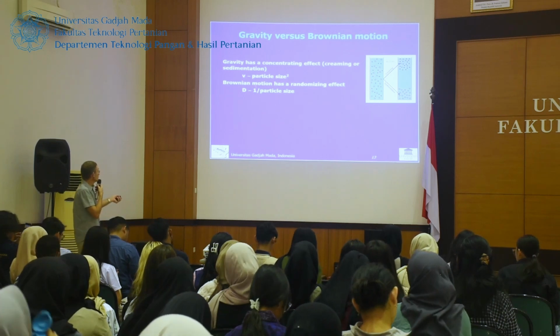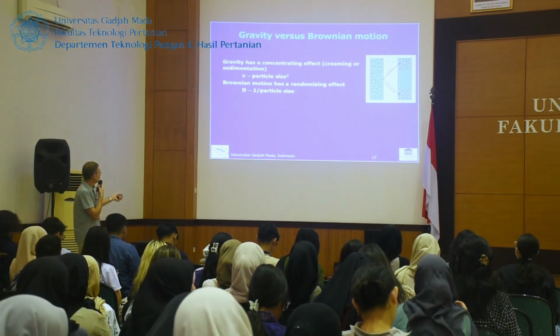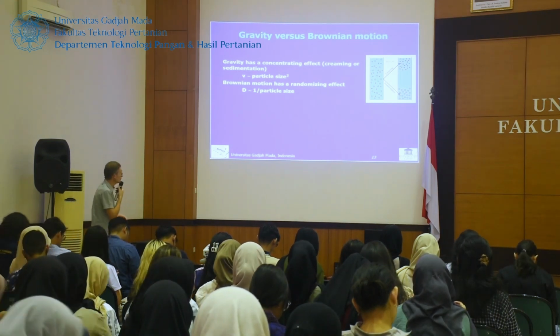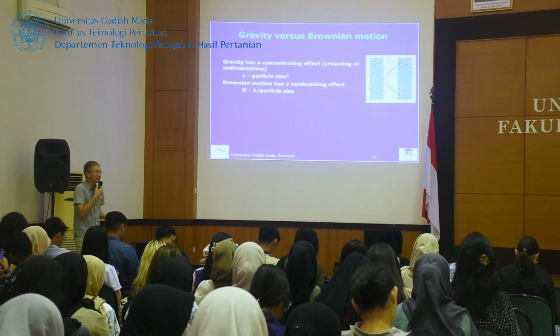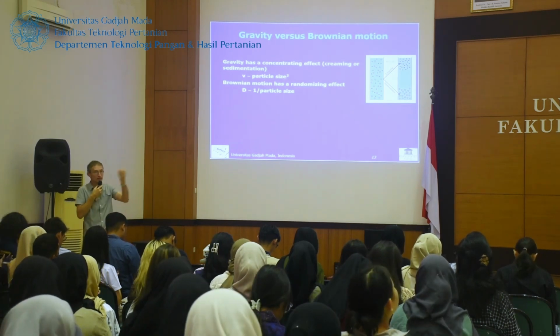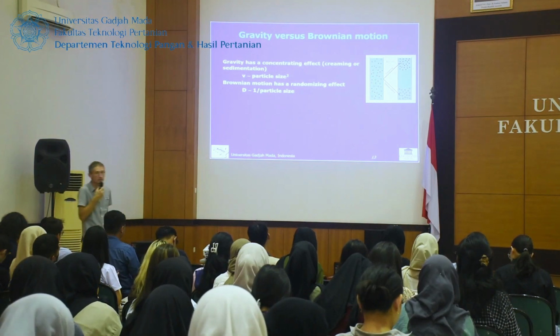Now, there is not only the gravity effect, where the velocity is proportional to particle size squared, which is why particle size is important. But there is also a counteracting effect, which is Brownian motion. Brownian motion has the effect of trying to have a uniform distribution of your particles over the whole volume.